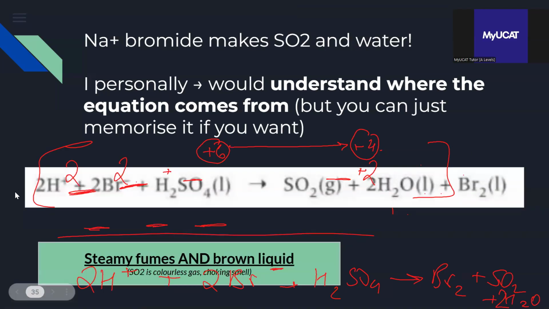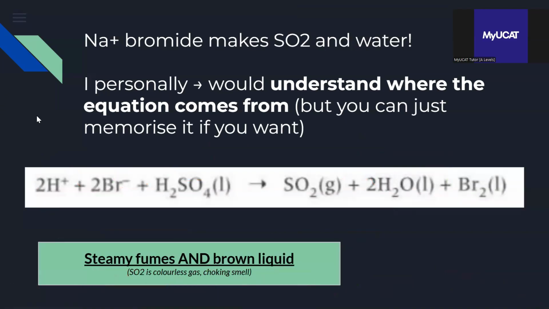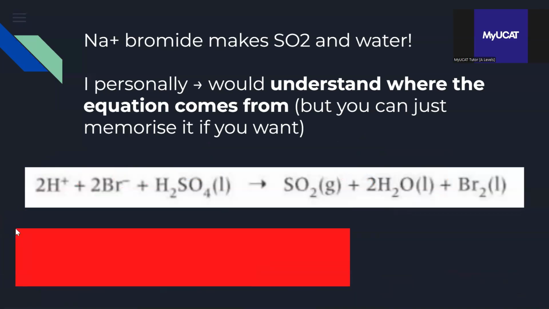And so you can see that has been written out like this. And if I cover up where that comes, so what that looks like, what are the changes that you can observe here? So what kind of changes would you observe when this is going on?